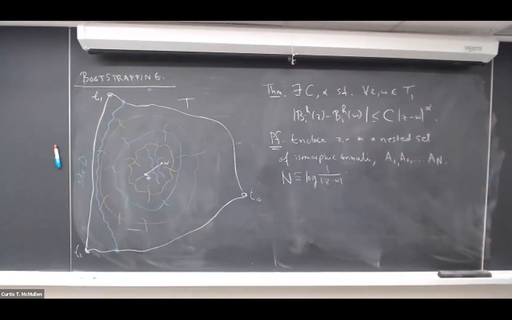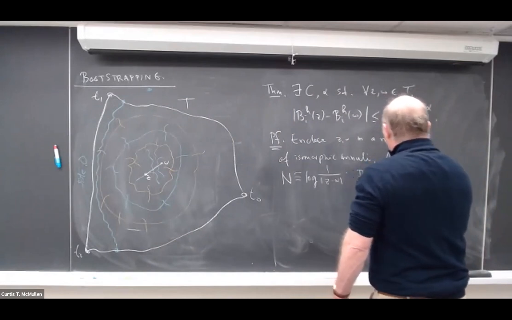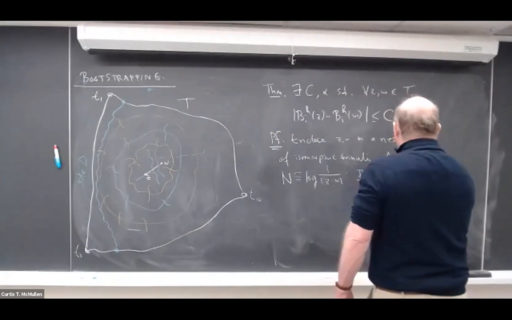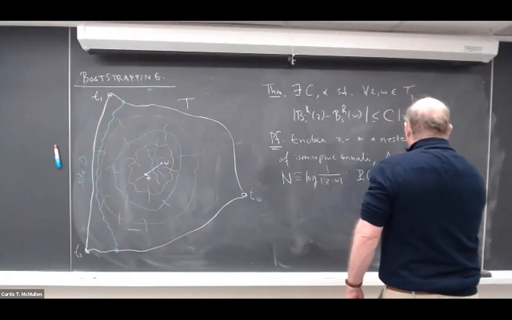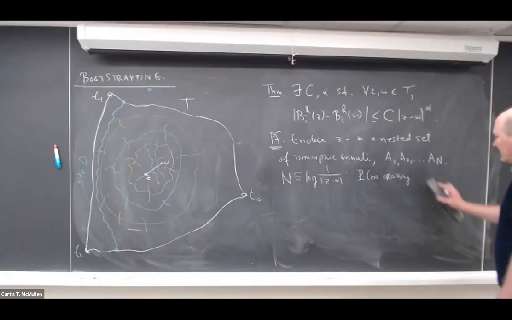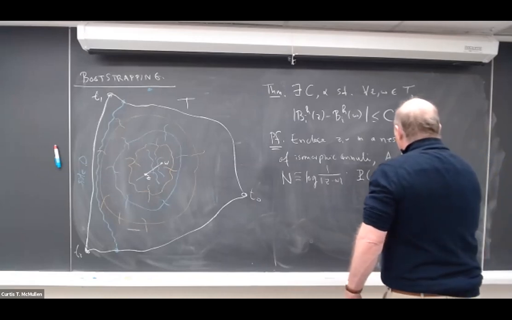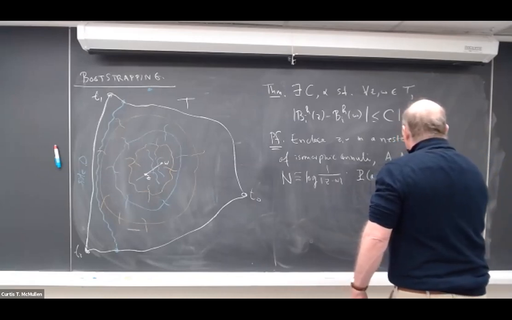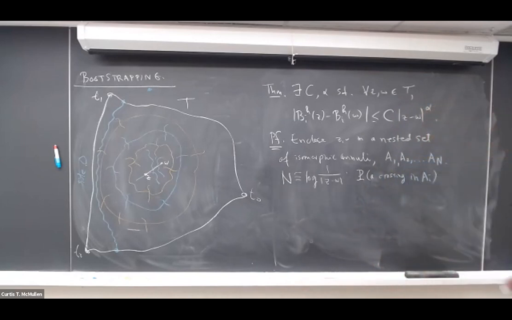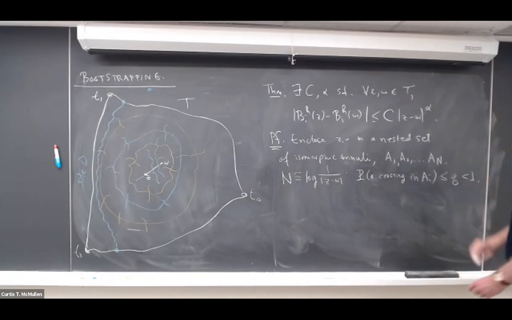Okay, now, the probability of a crossing in A sub I is less than or equal to some constant Q less than 1.